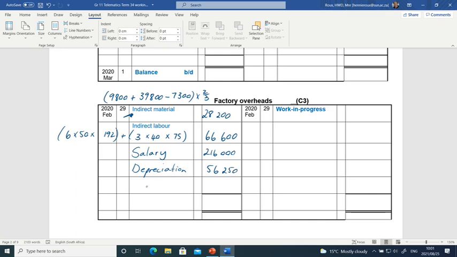And then we do have to calculate the rent expense. The rent expense was given as 130,000. But that was for 13 months. We only want to calculate 12 months.